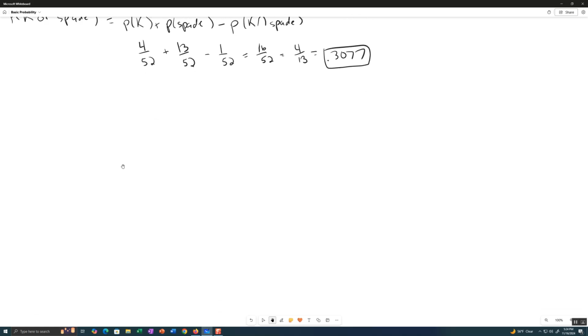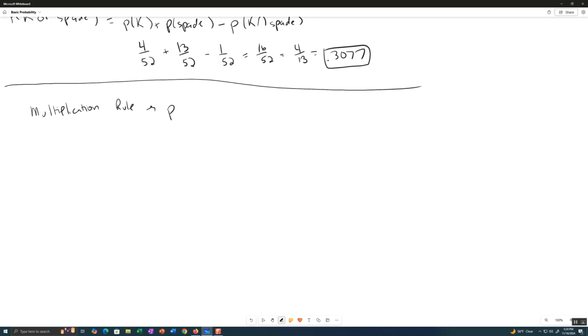Now let's look at multiplication rule. So this is the probability of A and B. So this is more than one trial because it's AND. So when you see AND, it's multiplication rule. So this is the probability of A times the probability of B, given that A occurred already.